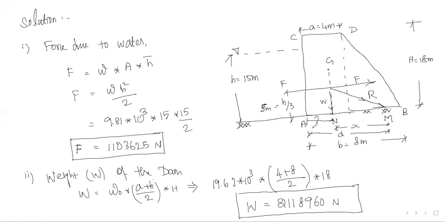So D minus B by 2, where B by 2 is nearly the centroid. So here triangle and rectangle have the same base width, that is 4 meter. So that's why B by 2 won't change.